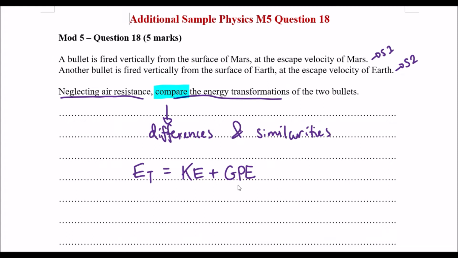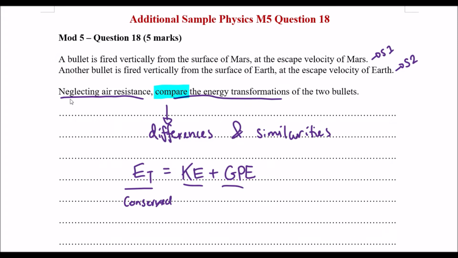In this case, the total energy is going to be conserved for both bullets, so to speak, it is going to stay constant. The reason being is because as we launch the bullet, there is no additional engine that's going to be placed onto it.